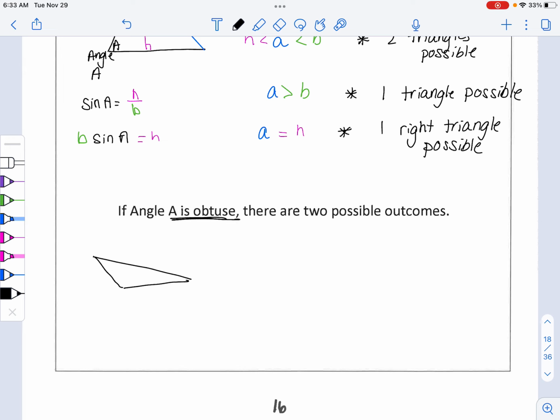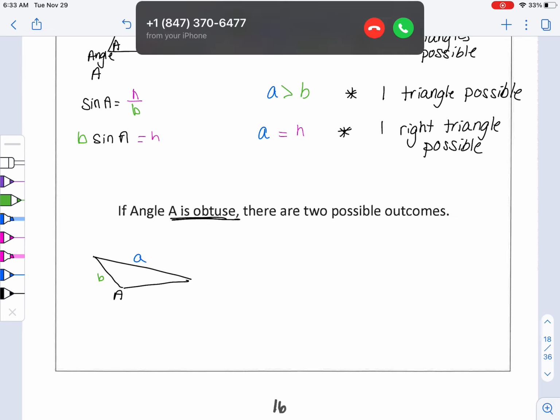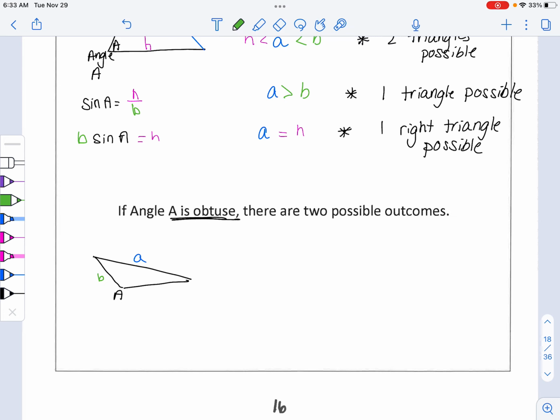So this given angle down here is obtuse. I have my matching side. I have my other side. If that angle A is obtuse, let's compare the side lengths. If side A is greater than side B, there would only be one triangle possible.